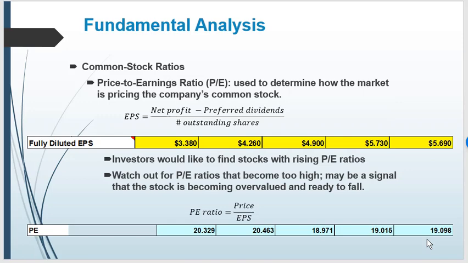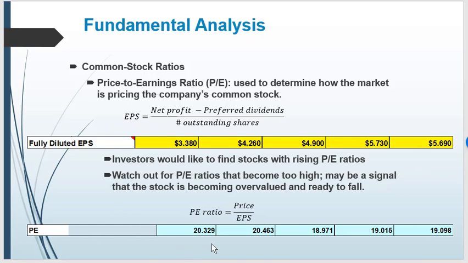So we've already talked about earnings per share in previous videos. And of course, you can see here that there's been increasing earnings per share up until this last year, a little bit of a decline in earnings per share, right? So again, that is just a measure of profit that is owned by the shareholders.